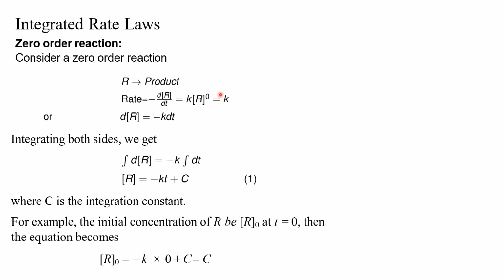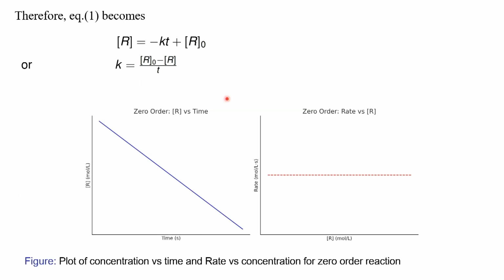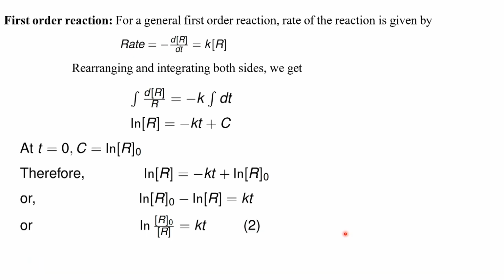So rate is actually the rate constant. There is no change as time progresses. If we plot rate versus R, we get a straight line, so there is no change in rate as we change the concentration of R. So this is for 0th order.